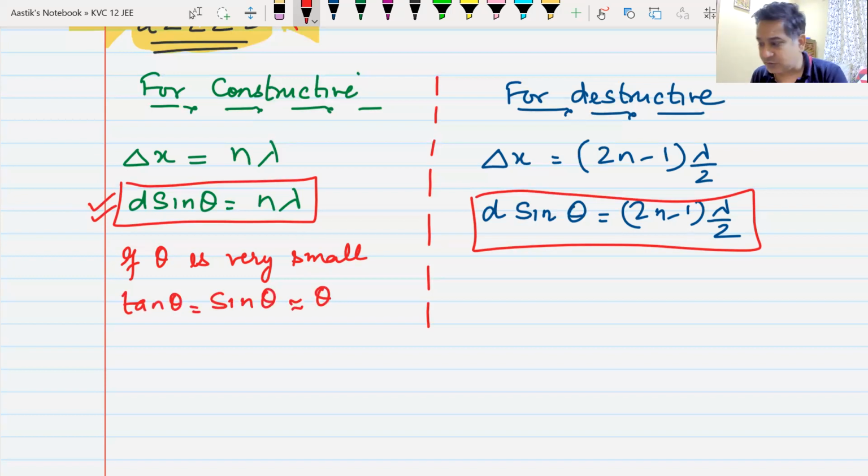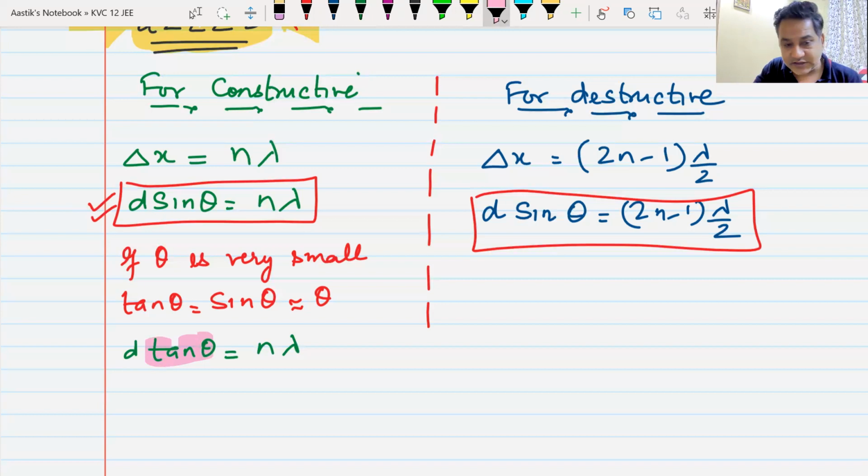This is simple maths. Yes or no? Yes, sir. In that case, what happens, my dear friends? Your d sine theta becomes equal to d tan theta, and this d tan theta becomes equal to n lambda.